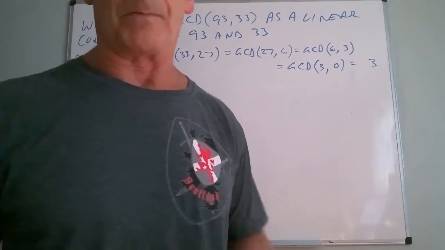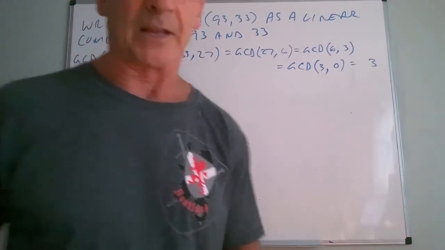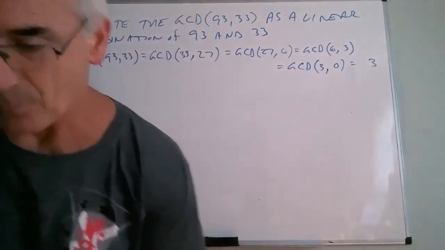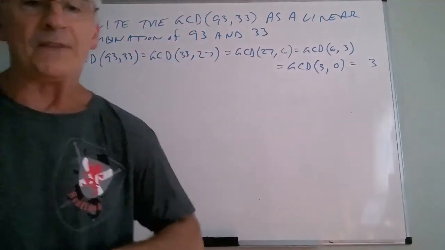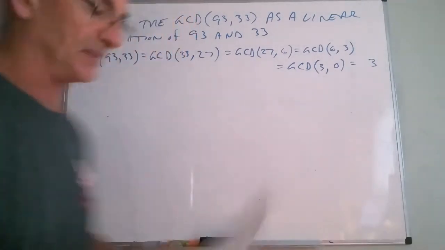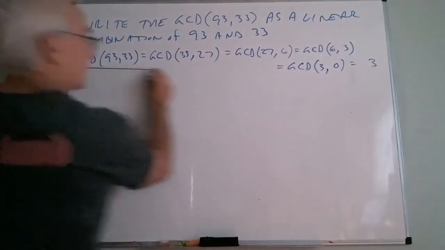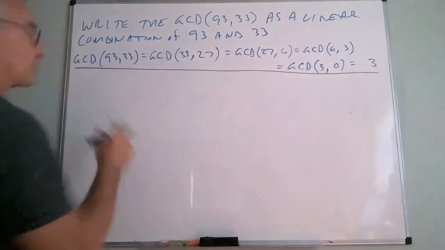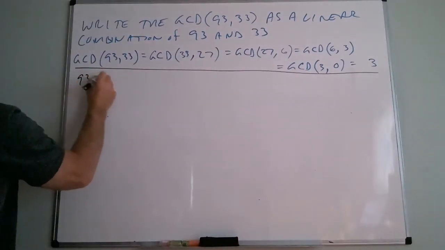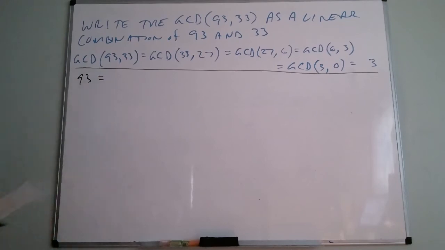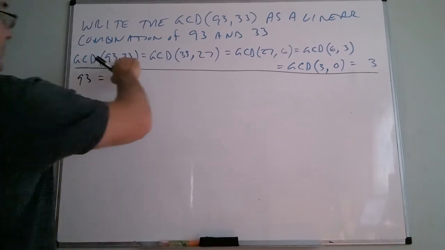Now we want to work backward, and I'm going to walk you through the working backward process. So now I'm going to go back and revisit all my divs and mods, in a sense. This was sort of like the scratch work to start the problem. Now, I want to write 93 in div mod terms with 33.